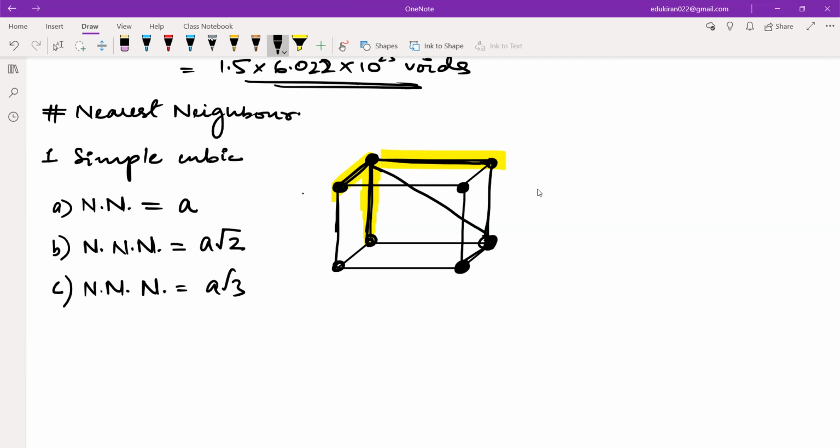So the nearest one is a distance away. Then we have the next nearest, which is a root 2, and the next nearest is a root 3. Now, what is the next thing? The second one will be body centered.